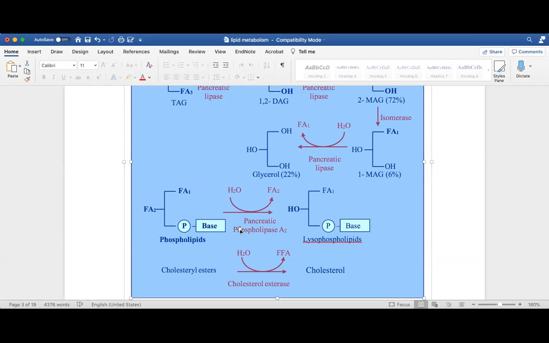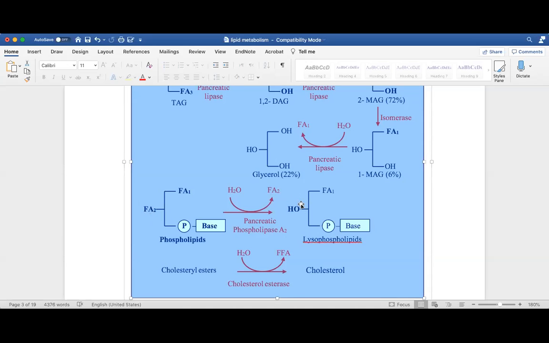There is another enzyme from the pancreas called phospholipase A2. Why is it called A2? Because it acts on the fatty acid at position number 2. It hydrolyzes and liberates the fatty acid from position number 2, and then we get lysophospholipid.